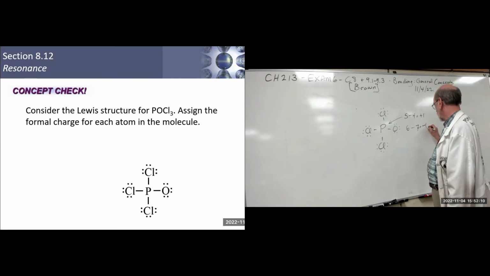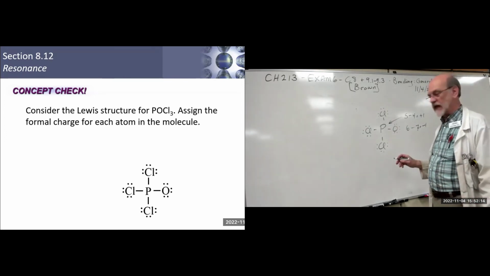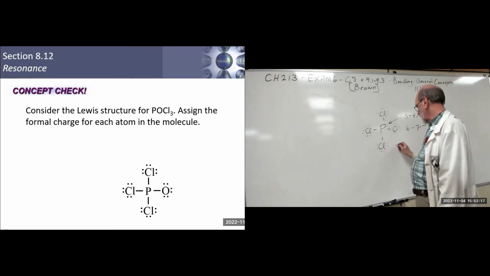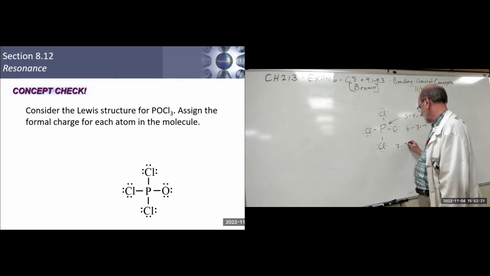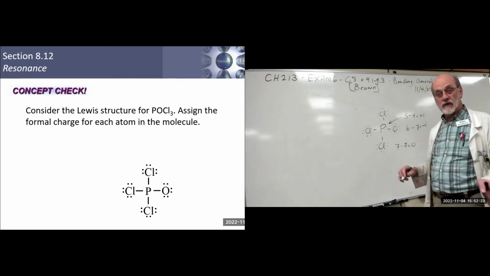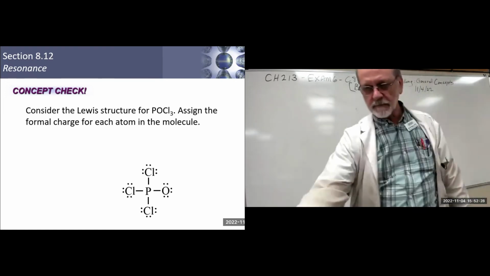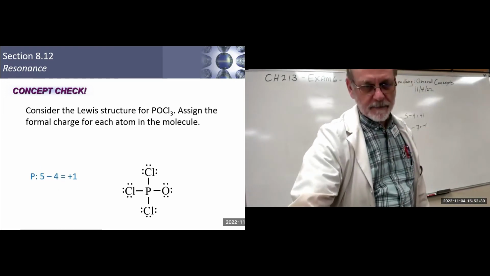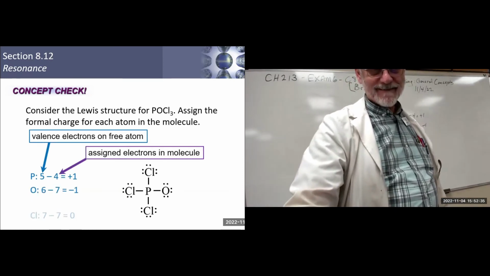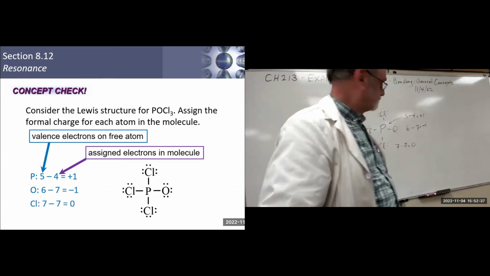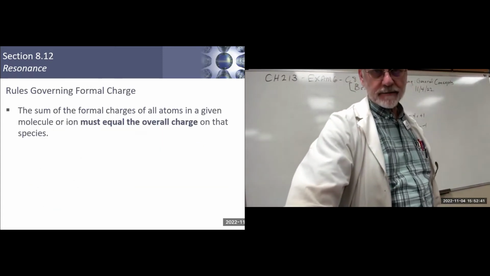It's minus 1. And chlorines are all alike, so we only need to calculate one of them. Chlorine starts out with 7, and we got 1, 2, 3, 4, 5, 6, 7. Chlorines are all 0. Those are the formal charges for each of the atoms in that molecule.